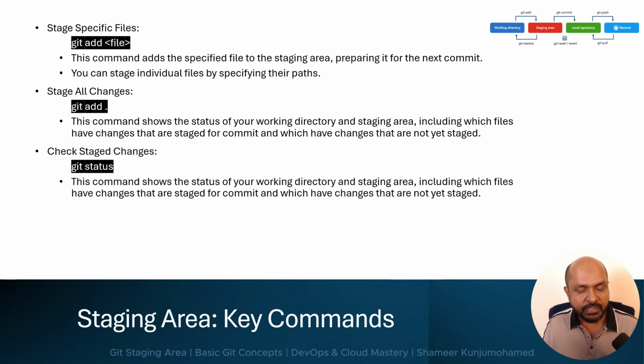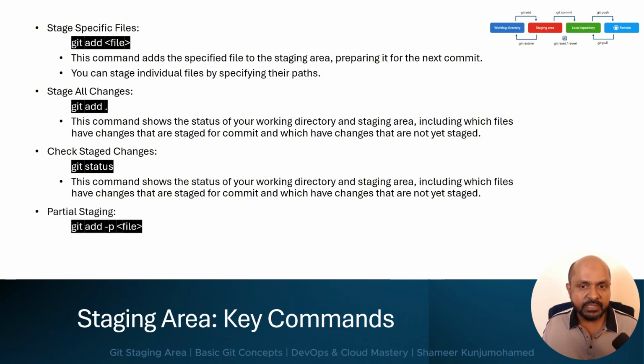It shows which files have changes that are staged for commit and which files have changes that have not been added to the staging area yet. So you can see the staged files as well as the unstaged files in one shot. And this command is crucial for ensuring that your next commit contains exactly what you intend.